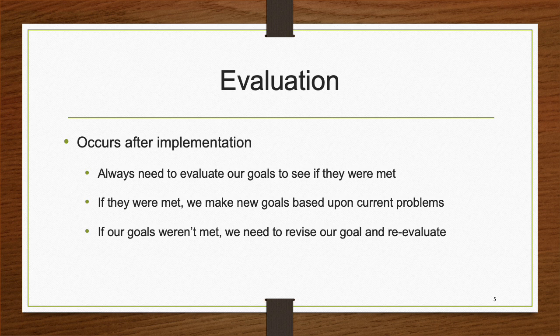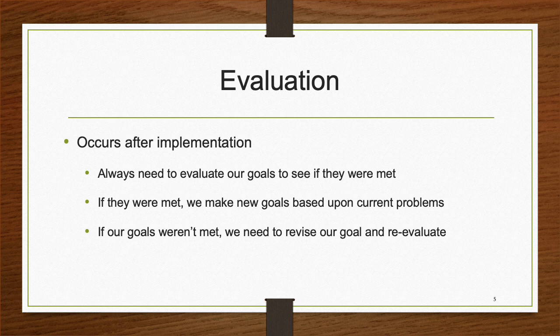Now we have to identify if there are any other problems, and we're going to restart the entire process all over again. However, if our patient is still having pain and the interventions that we've implemented have not been effective, we reevaluate. That means we need to change our interventions and reshift our focus.